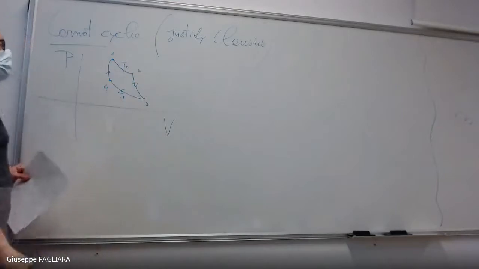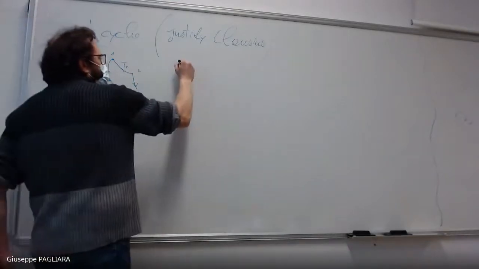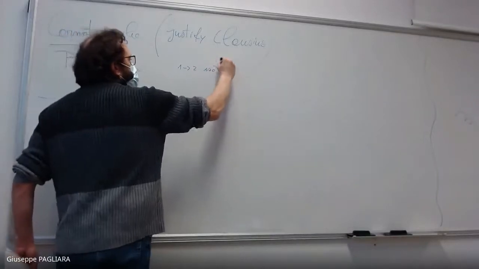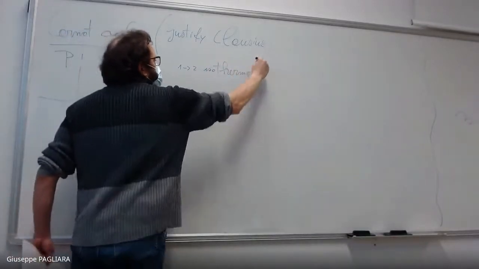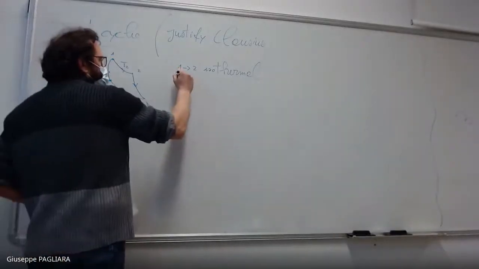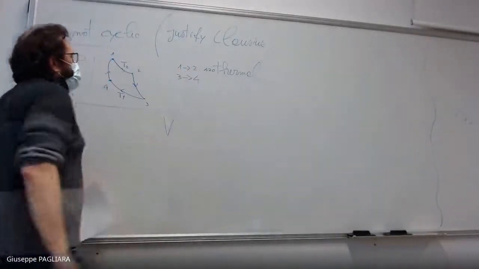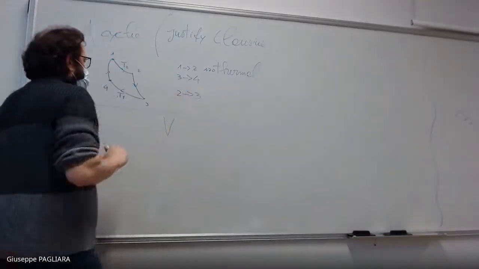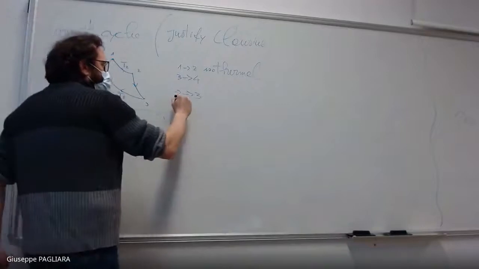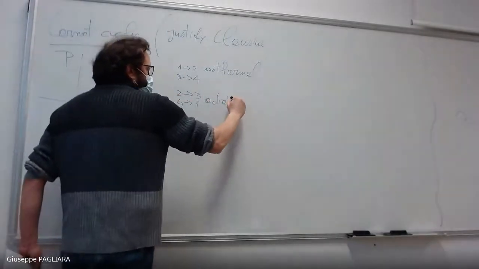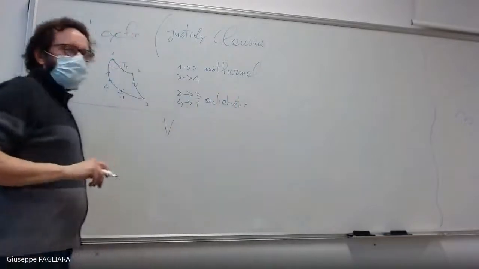And 1 to 2 is isothermal, and also 3 to 4, whereas 2 to 3 and 4 to 1 are adiabatic. Okay.